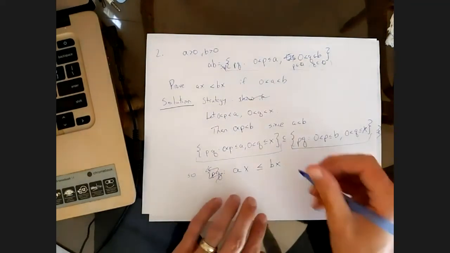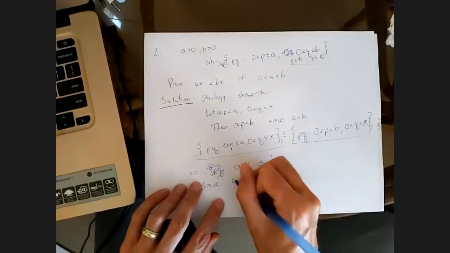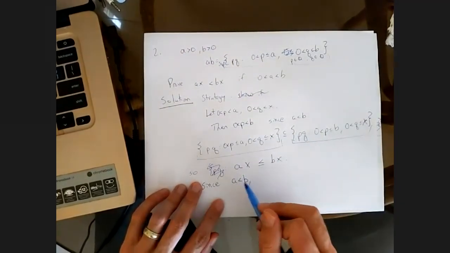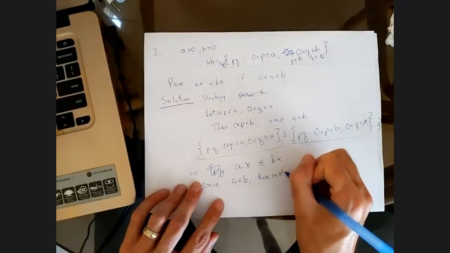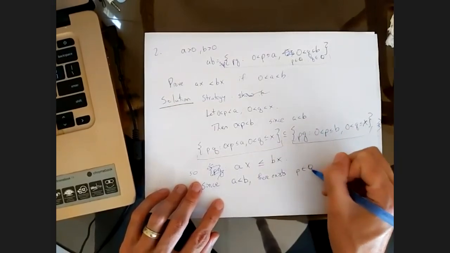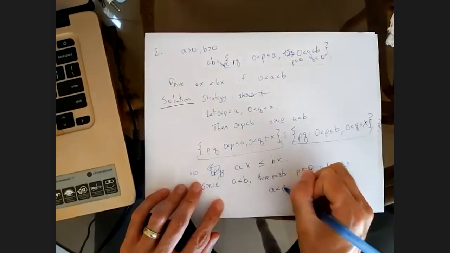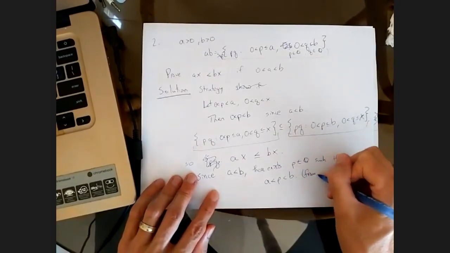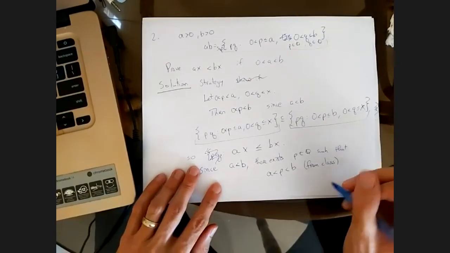Since A is less than B, we know from class that there's a rational number in between A and B. So there exists, let's say P, a rational number such that A is less than P is less than B. This is from class.